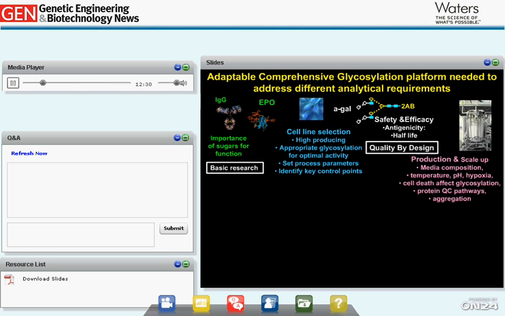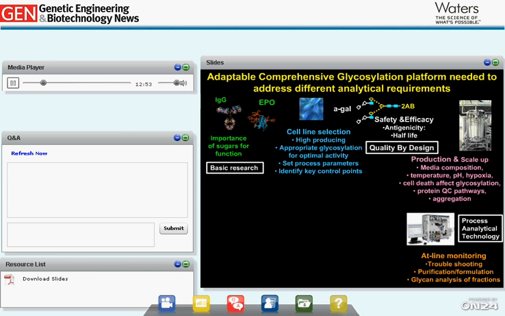When you come to production and scale up, then all kinds of things can affect this: the media composition, the temperature, the pH, patches of hypoxia in the bioprocessor, and so on. So you'll need to be understanding the relationship between media components and your glycan signature. When you come to process analytical technologies, then you need to have online monitoring.